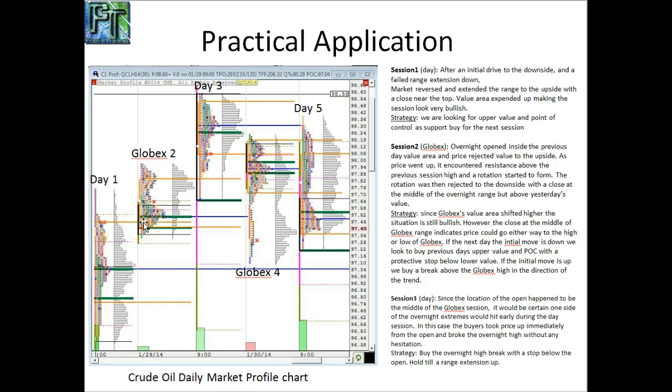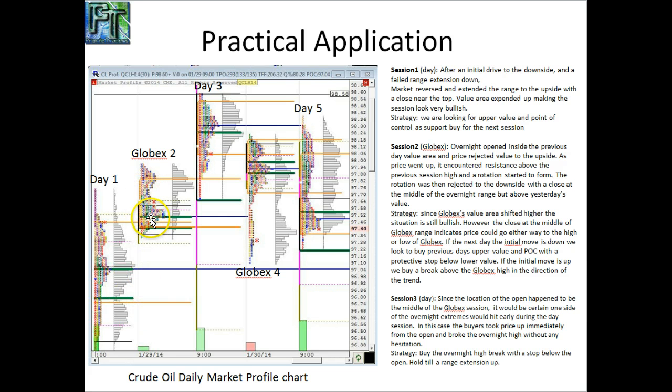I would go long, and I could place a protective stop below the point of control if you want to be super conservative, or you buy upper value area and then you also buy the point of control and you put your stop below the previous day's lower value area.